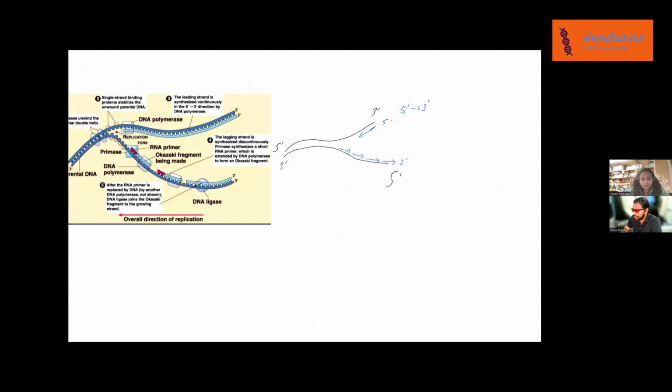For instance, if you had 3' to 5' as your template strand, your primer would be 5' to 3', and it'll match those bases.